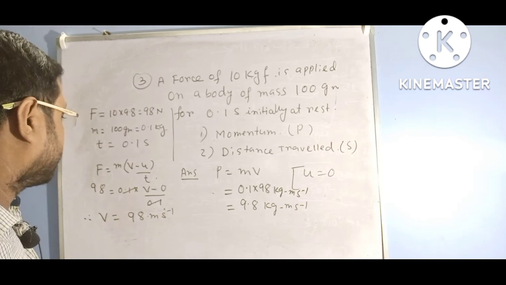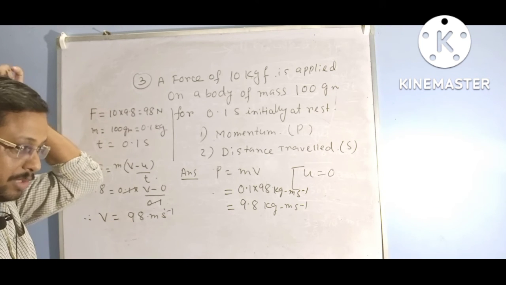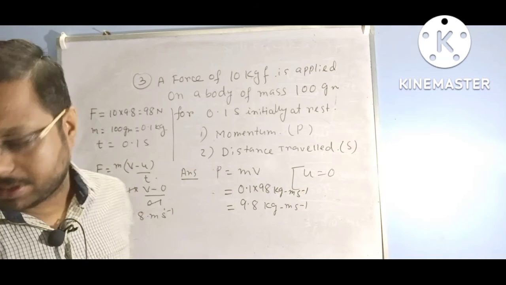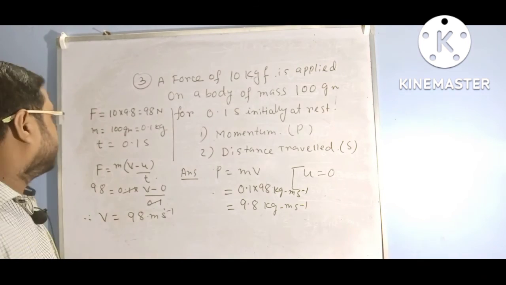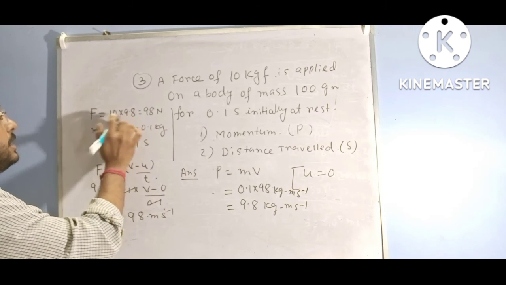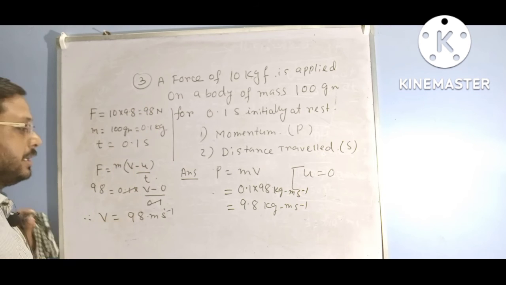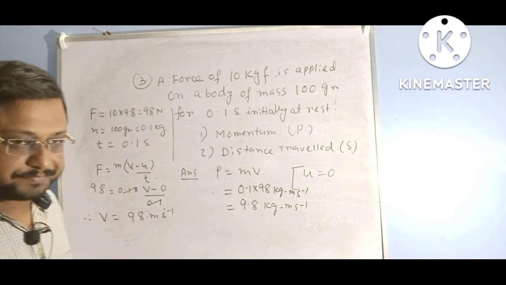If g is taken as 10, then P equal to 10 kilogram meter per second. If g is taken as 10, in place of 9.8 we can put 10, but if not mentioned, put 9.8.